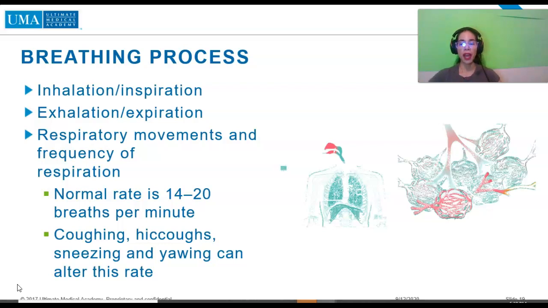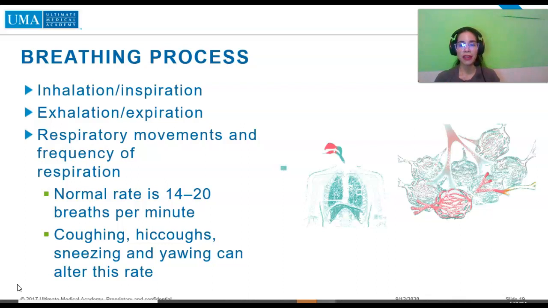So what happens during exhalation? The diaphragm pushes back up, so it pushes the lungs back up, thus increasing the air pressure, so it rushes all the air out.